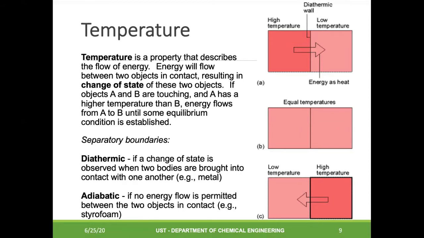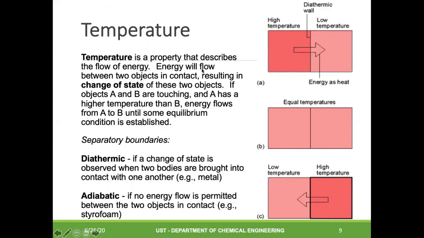When we say temperature, this refers to the hotness or coldness of a body. Sometimes temperature is defined as the property that determines the direction of heat flow. This is a property that describes the flow of energy.